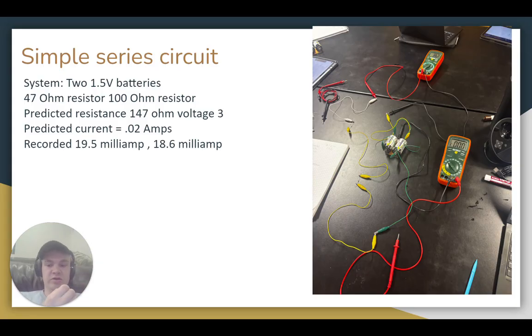However, that could be some variation of either error in the machine, it wasn't zeroed correctly, or some kind of user error, or just resistance issues in the wires connected to the multimeter. Don't fully know what caused that. However, it is to the scale where it's not extreme variation from expected.